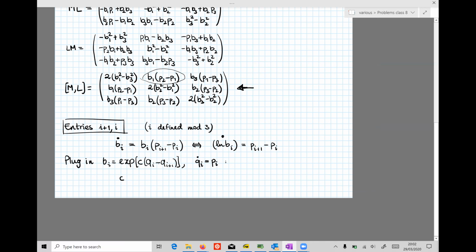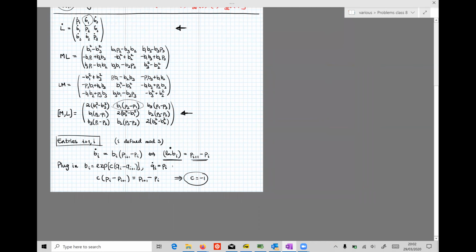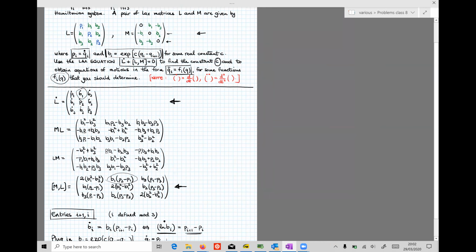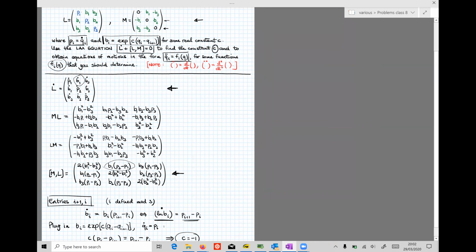So C is a constant, and then we have the time derivative of Q_i, that's equal to P_i, minus Q_{i+1} dot, which is equal to P_{i+1}. So that's the left-hand side of this equation. That should be equal to the right-hand side, which is P_{i+1} minus P_i. So we learn that C is equal to minus 1. Okay, so we've determined the constant C.